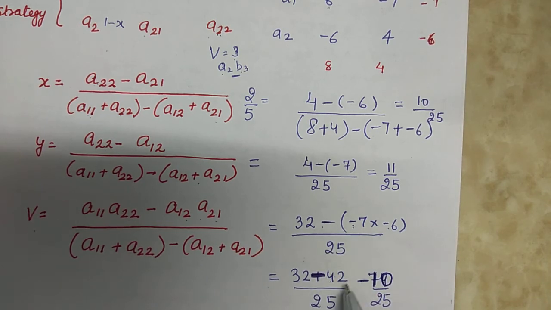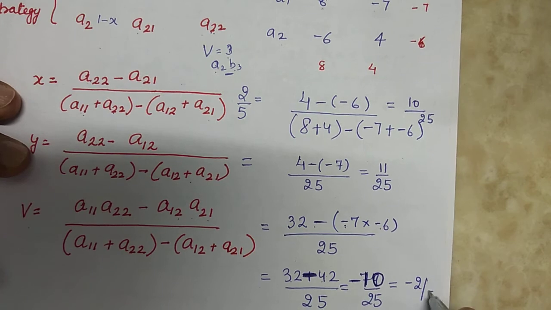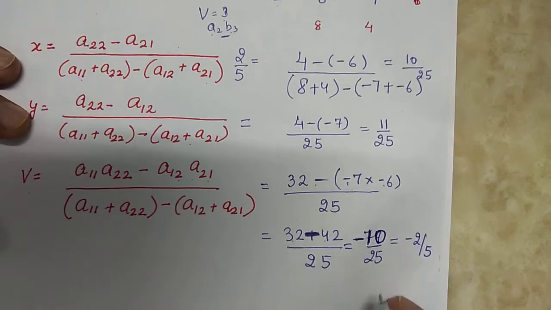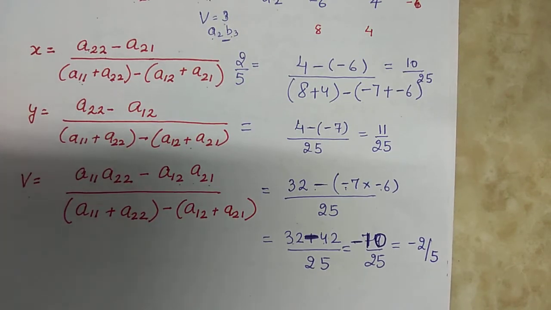So 32 minus 42 is minus 10. Minus 10 divided by 25. If we further shorten it, this will be minus 2 by 5.